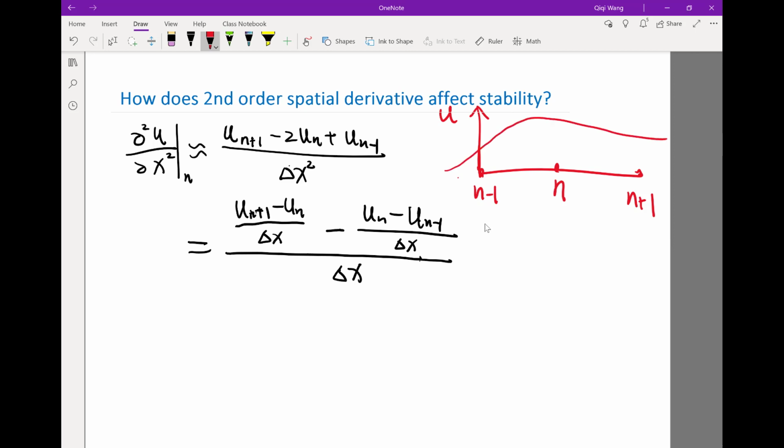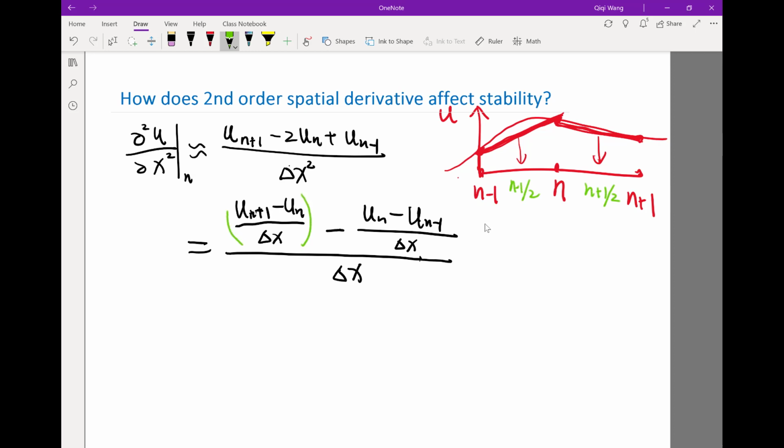What I'm saying is that I'm going to take the value here and approximate the first order derivative at this point using the slope between these 2 points. And then I'm using the slope between these 2 points to approximate the first order derivative here. I'm essentially adding 2 more grid points, which I might call n minus half and n plus half, right?